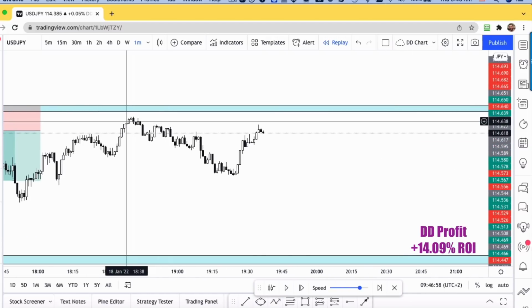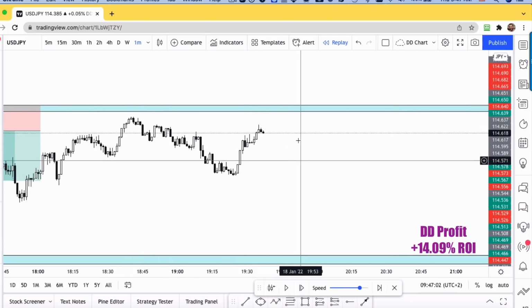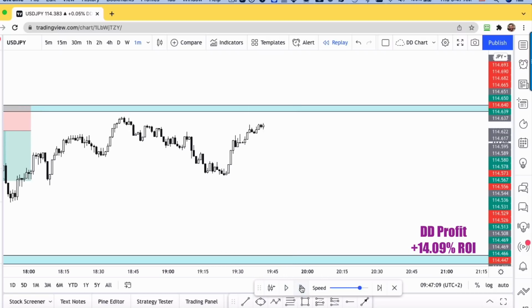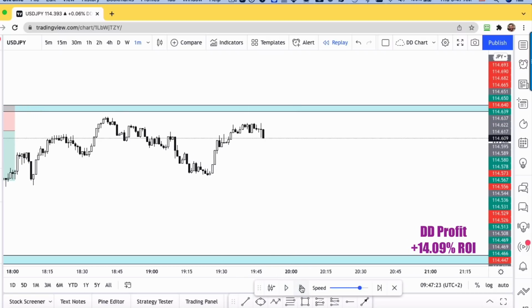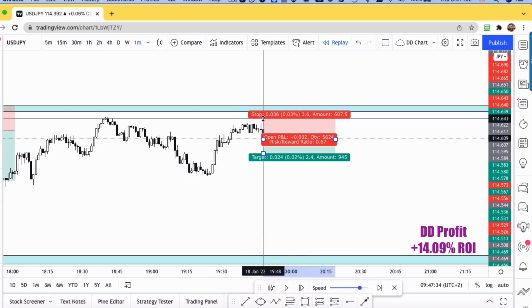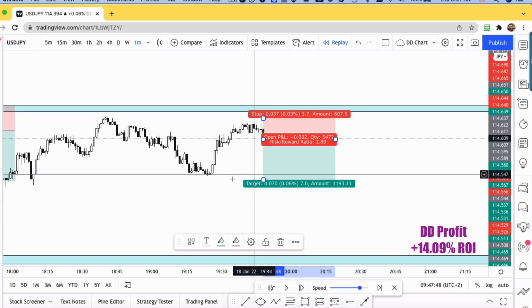Over here, I'm seeing 1 top, and we're approaching it. So if we get a second top over here, we might want to short. That might be enough for me. Something like that.